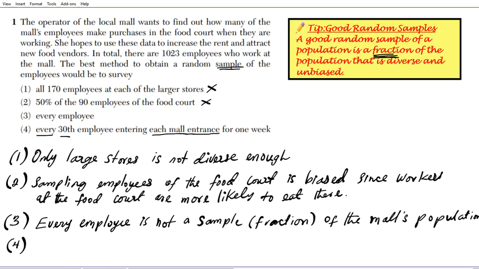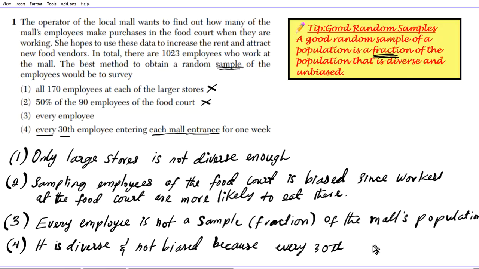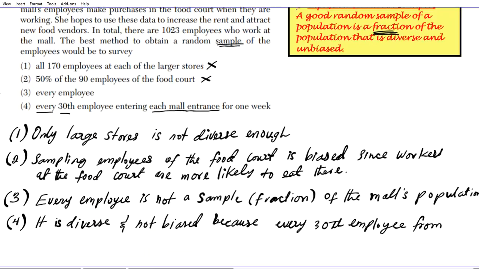So it is diverse and unbiased. It is diverse and not biased because the keyword here is every 30th employee from each entrance.